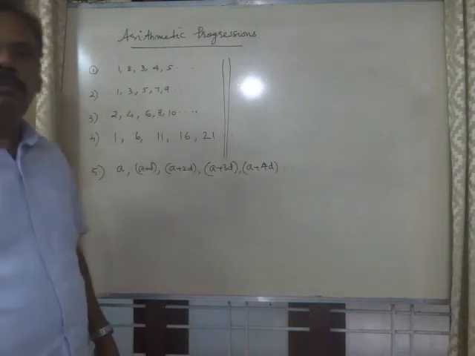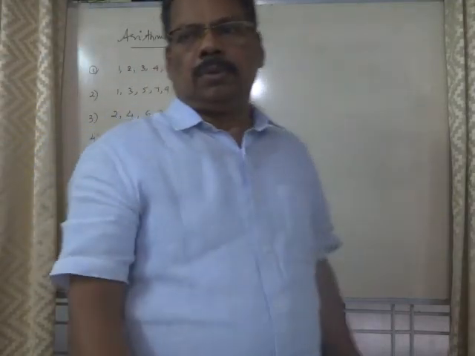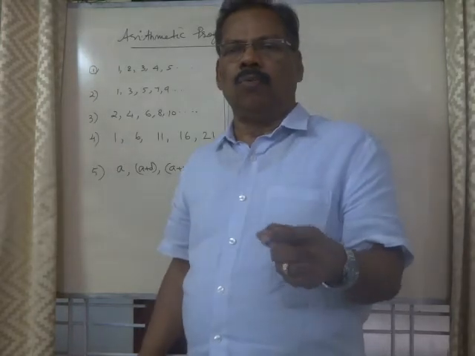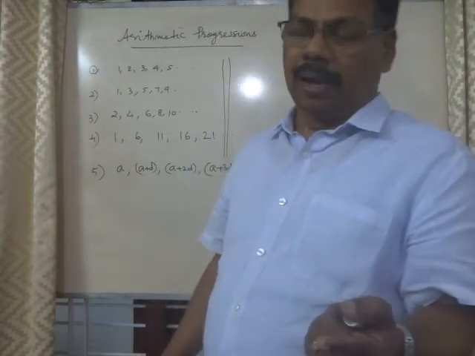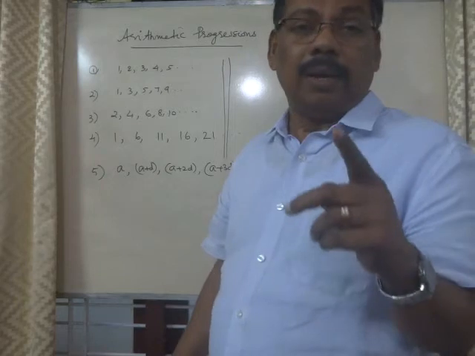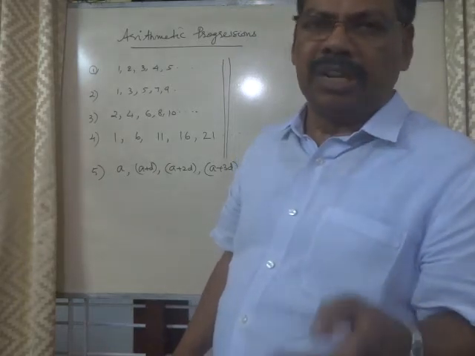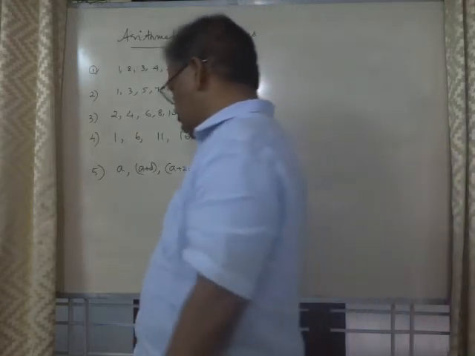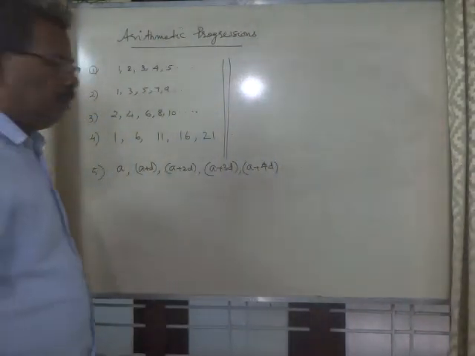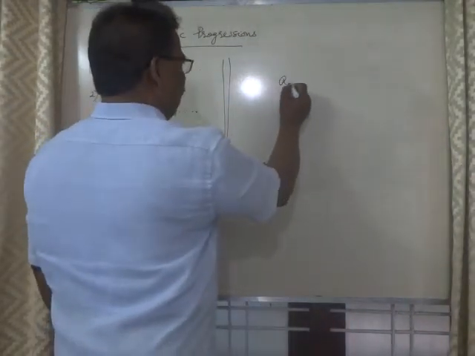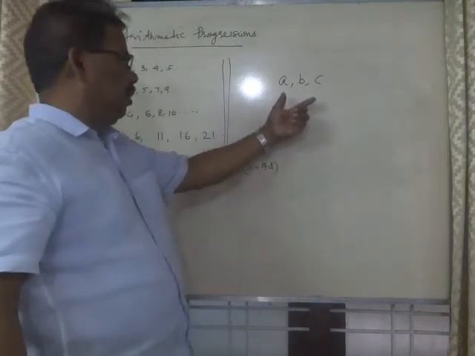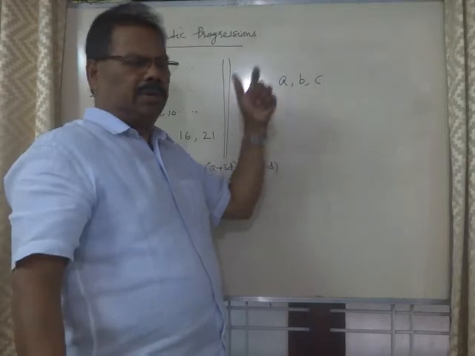Now it is clear what an arithmetic progression is. And in an arithmetic progression, let A, B, C form an arithmetic progression.